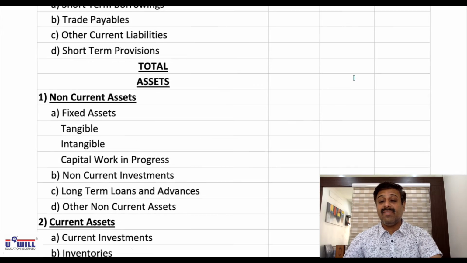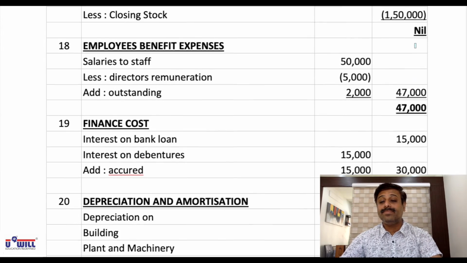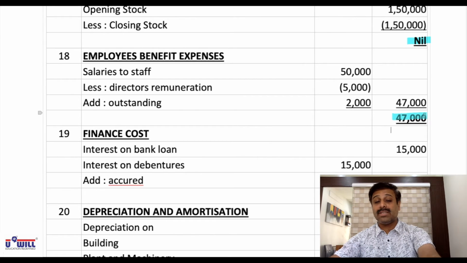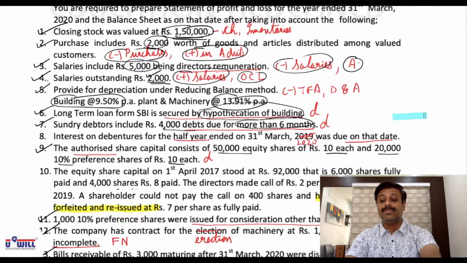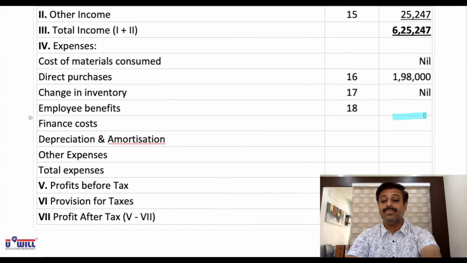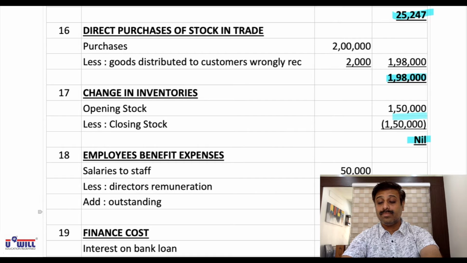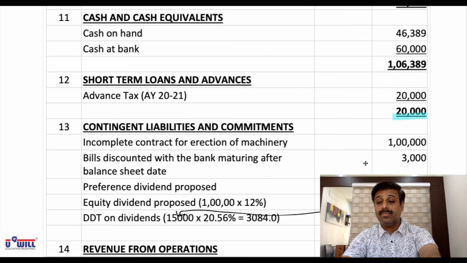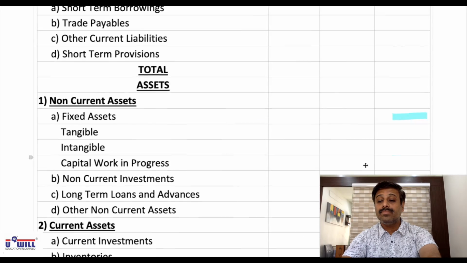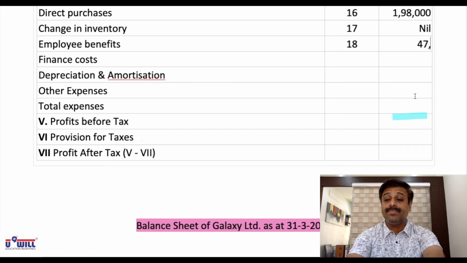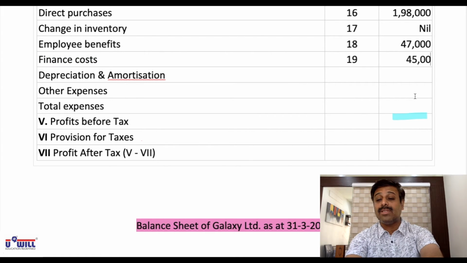Then employee benefit expenses in note number 18, we have 47,000. Then finance cost, we have note number 19, 45,000.